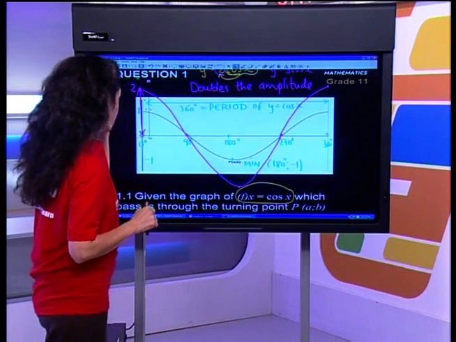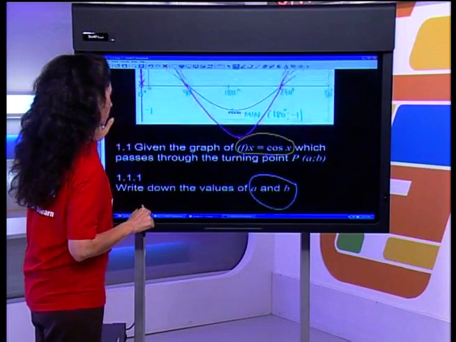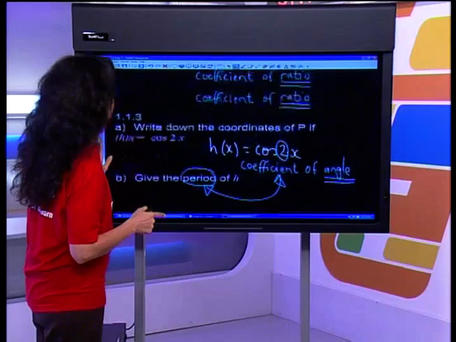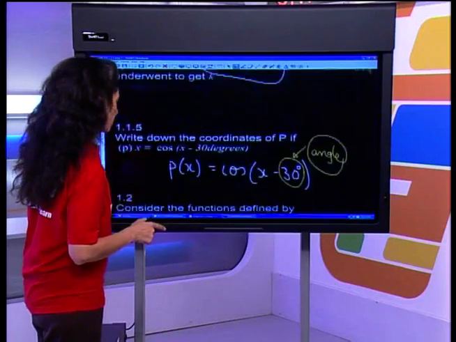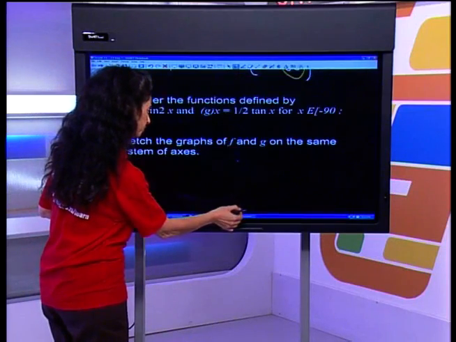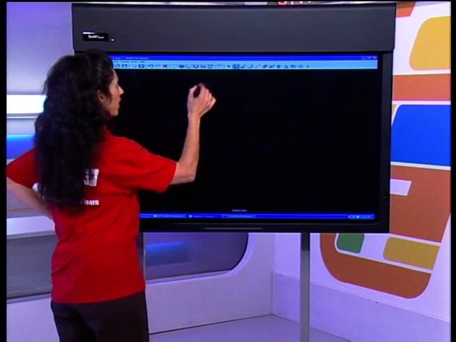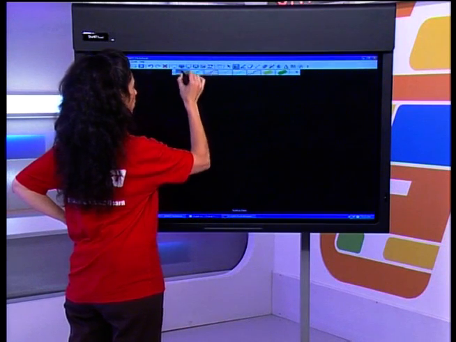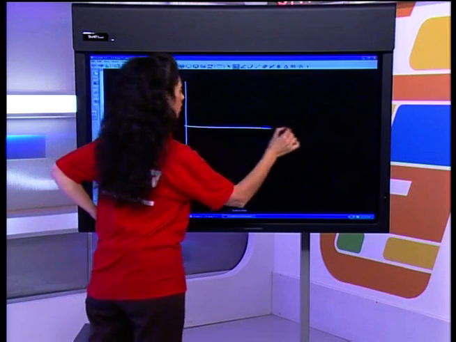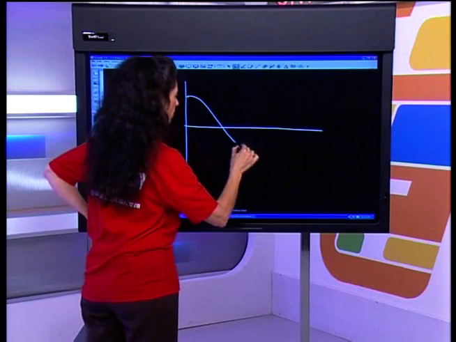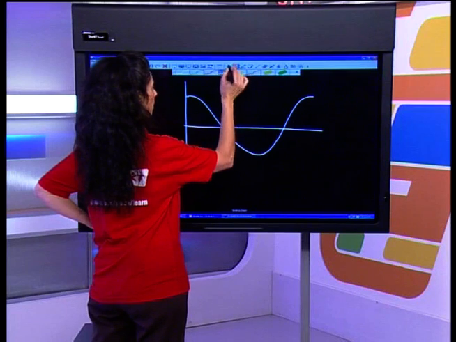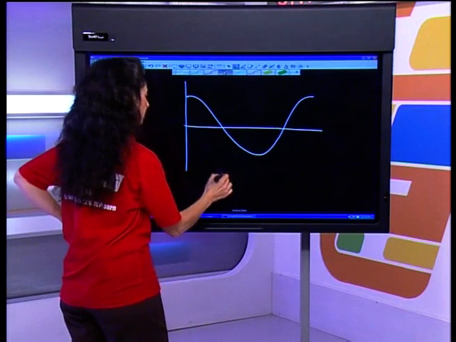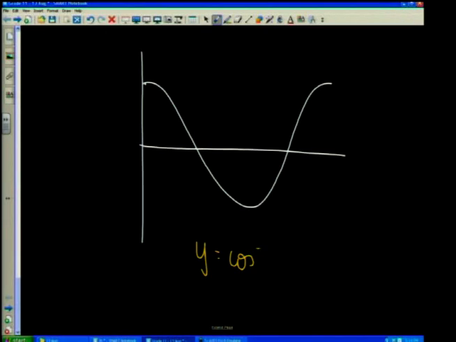Okay, so it's becoming a little bit messy to actually draw on this one, so I'm going to draw another one just down here. So if we had the parent graph, which was that to 360, we would have your y equals cos 2x as a compressed version of this.